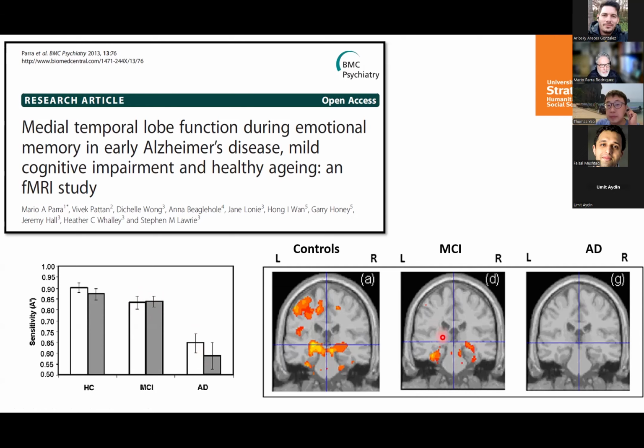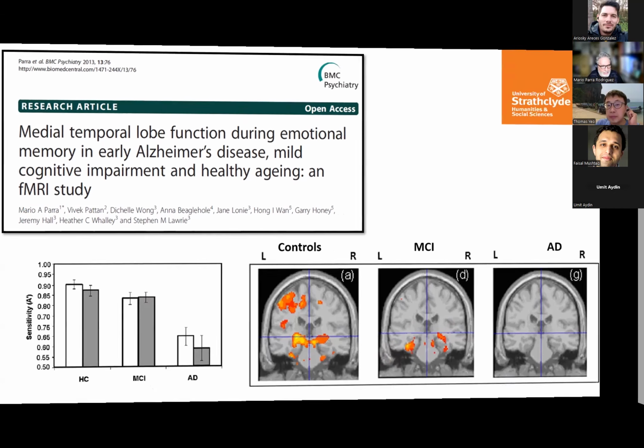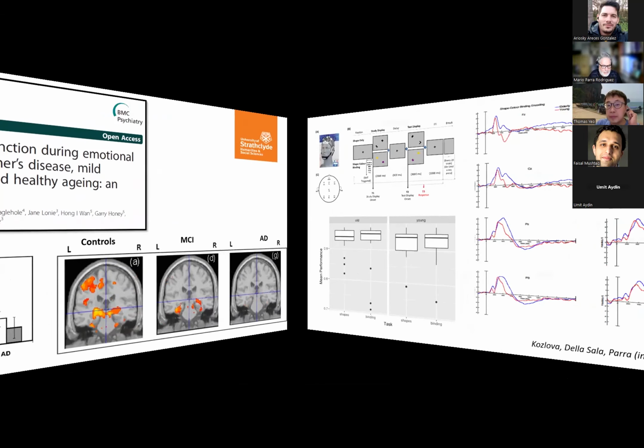And when we look at the neuroimaging data using voxel-based morphometry analysis, what we found is that to achieve that level of performance, MCI people needed to recruit more neural resources in the medial temporal lobe, especially the hippocampus, than the control group did. So that was a very early observation leading to this notion that there seems to be functional reorganization of the brain undergoing neurodegeneration in order to cope with these dramatic biological changes.